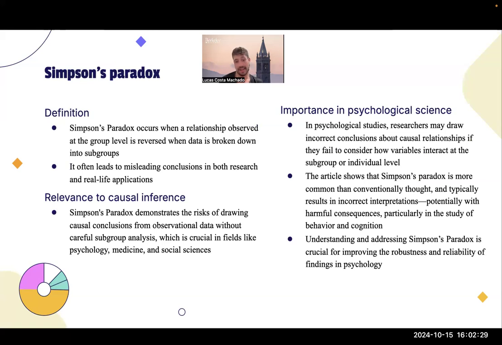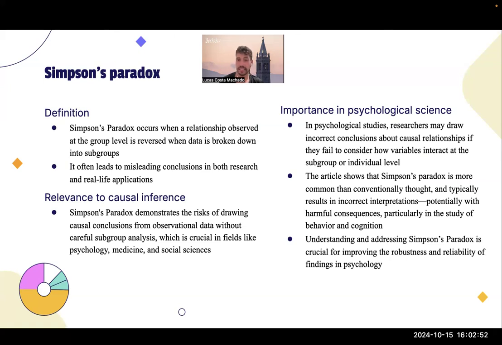So, what is the relevance of this for causal inference? It is exactly this, because this phenomenon demonstrates the risk of drawing causal conclusions from observational studies without careful subgroup analysis, and this is essential in many different fields.